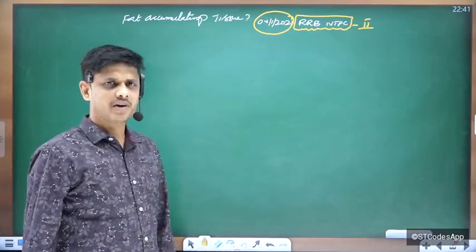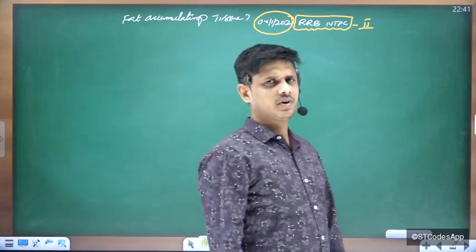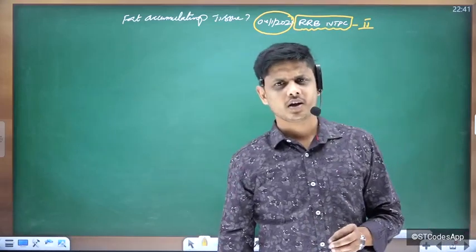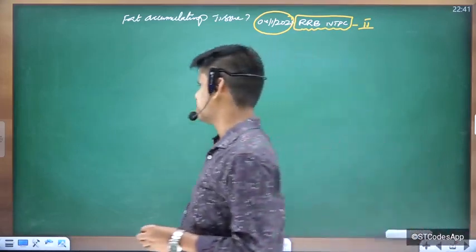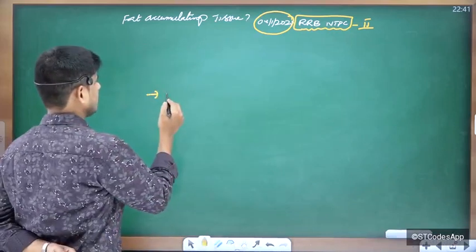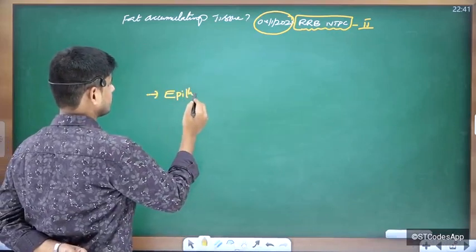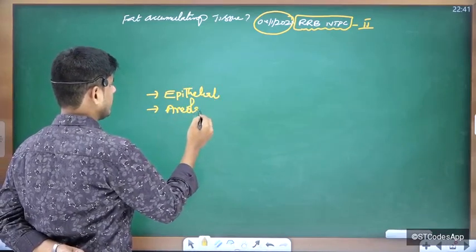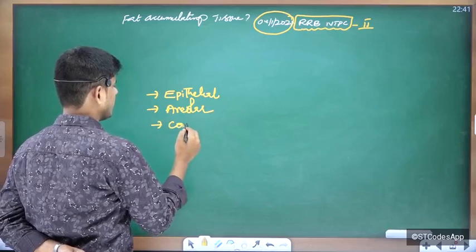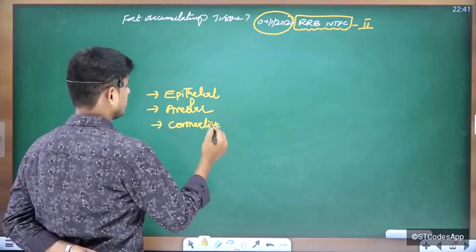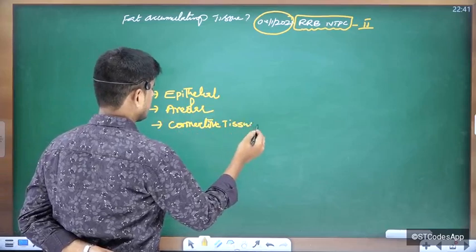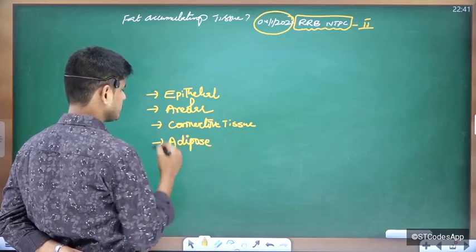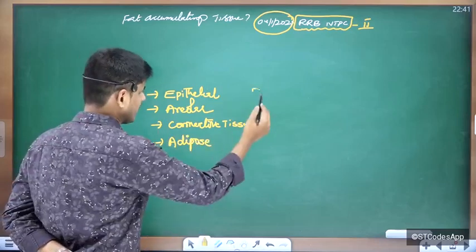It is very important to know that there are a few tissues present in our body, among so many: epithelial tissue, areolar tissue, connective tissue, adipose tissue, and so many other tissues.